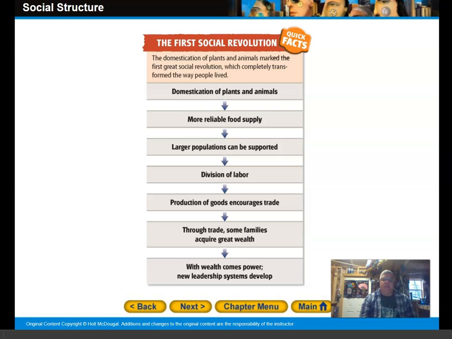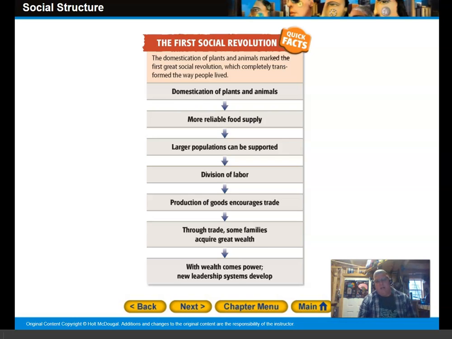As individual goods were being produced, a division of labor was created where some people would specialize in one thing while others specialized in another to streamline and make work more effective.